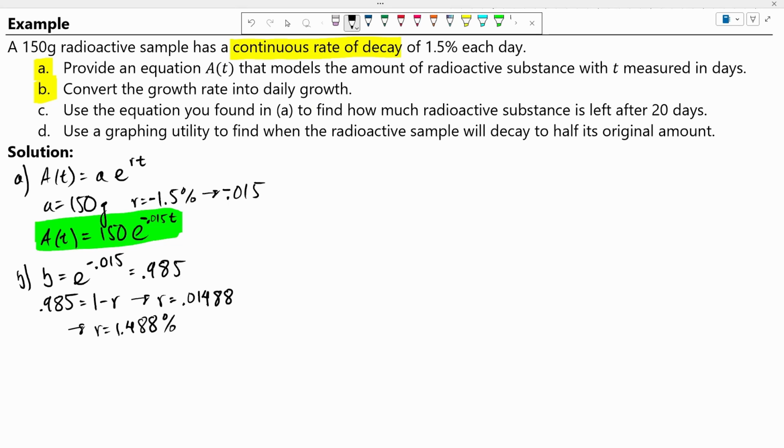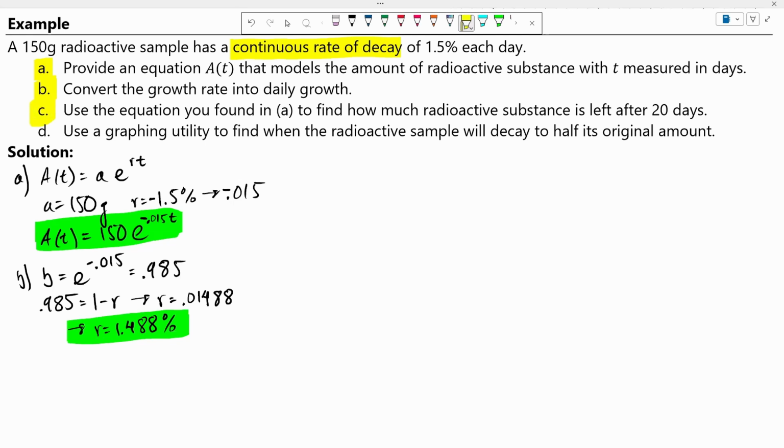So if this is continuously decaying at a rate of 1.5% each day, then this is decaying at a daily rate of this right here. Got it? Okay, let's keep going.